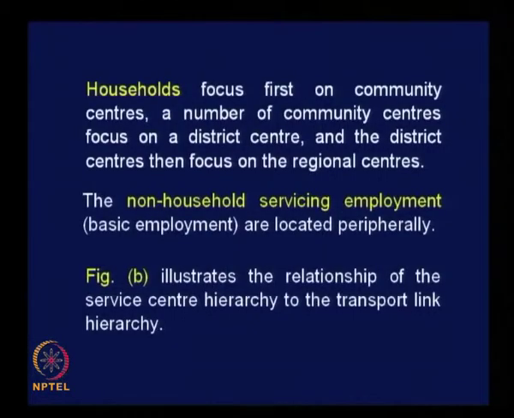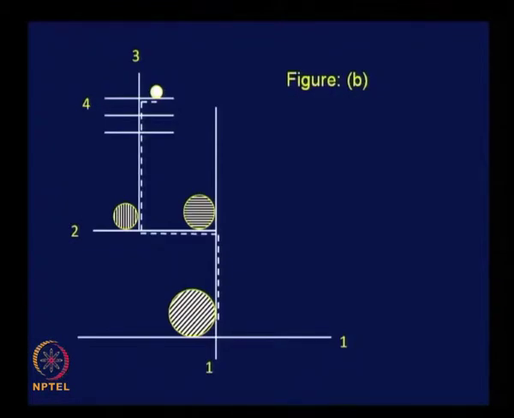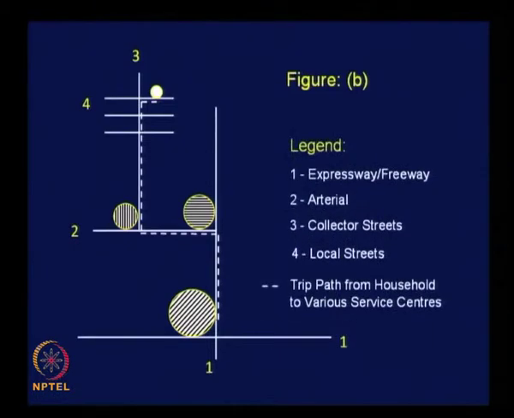This is the fitness of the transport system hierarchy with the activity center hierarchy. You can see the 4 categories of roads indicated with their respective numbers, right. And of course, the legends can be seen here. Number 1 is nothing but expressway, number 2 arterial, number 3 collector streets, number 4 local streets, and the dotted line indicates trip path from household to various service centers.